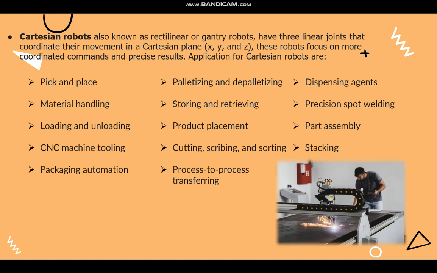Now let's move on to Cartesian robots, also known as rectilinear or gantry robots.